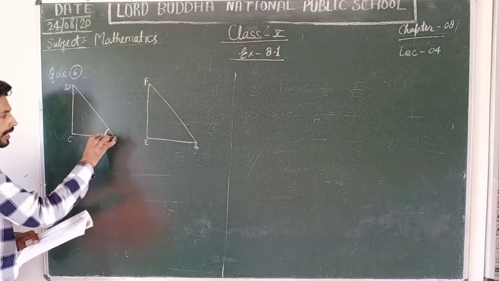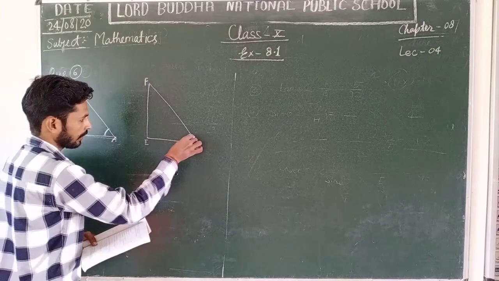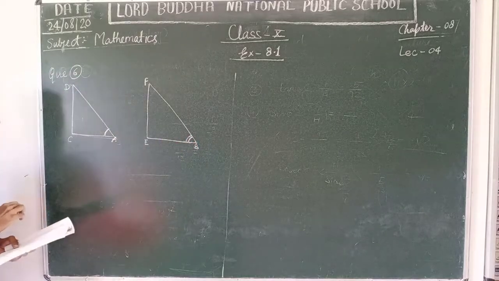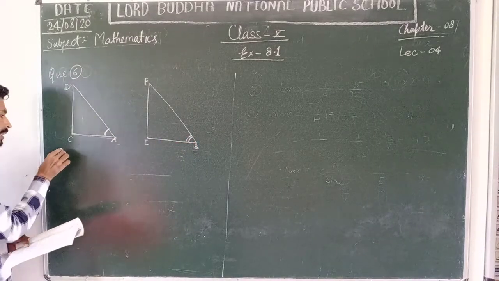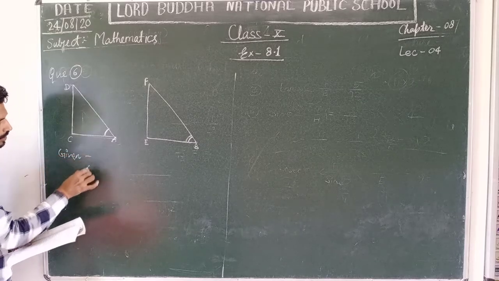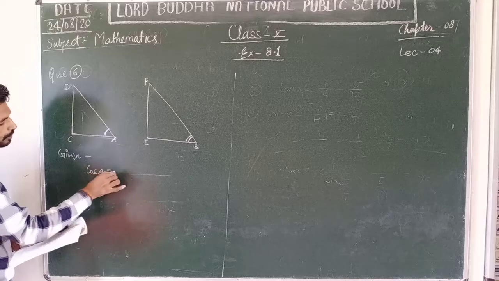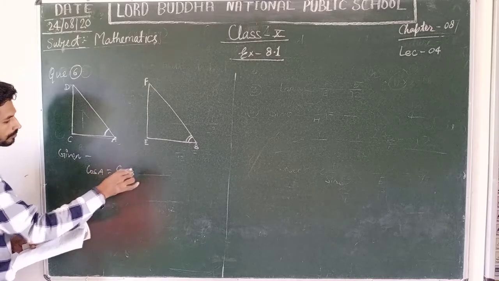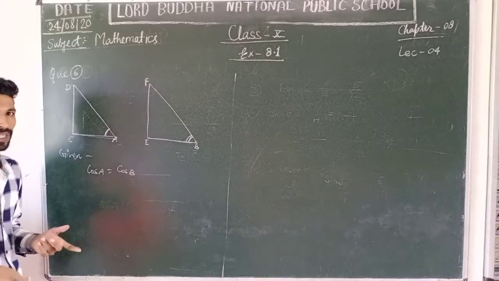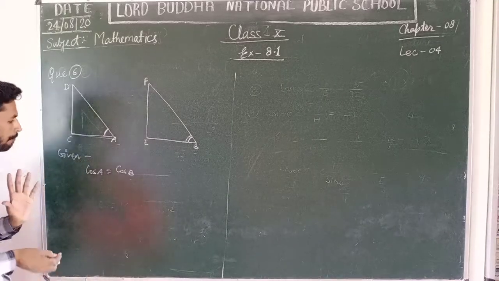Here I am taking the angle A, and in the second triangle I am taking angle B. In the question it is given that cos A equals cos B, and then we have to prove angle A equals angle B.